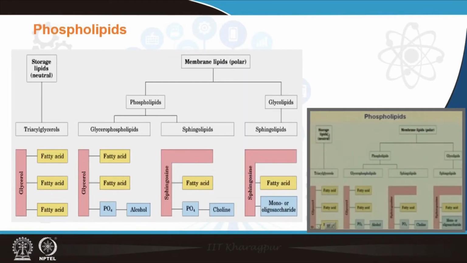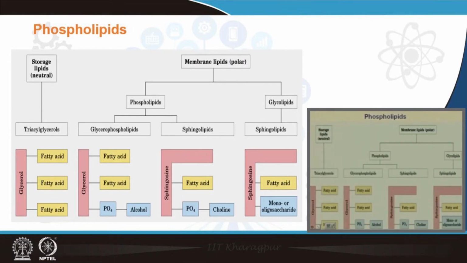What we have here is storage lipids. Storage lipids like storage in terms of fat droplets. Okay. What are the fat droplets? They are triacyl glycerols. Okay. So, what we need to know is the storage lipids, which are neutral in nature, have 3 fatty acids attached to the glycerol.